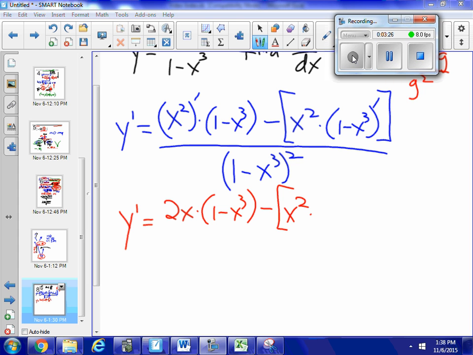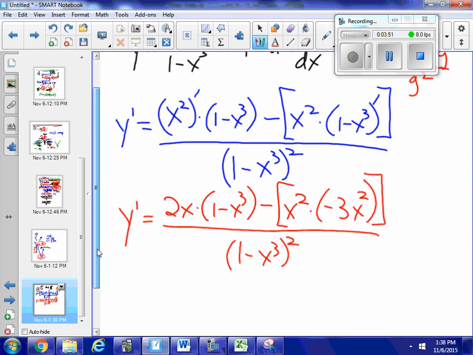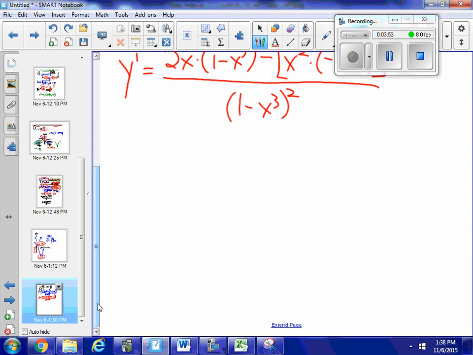I have the sum property, so the derivative of 1 is 0, and the derivative of negative x cubed would be negative 3x squared. And that is all divided by 1 minus x cubed squared. All right, let's press onward.